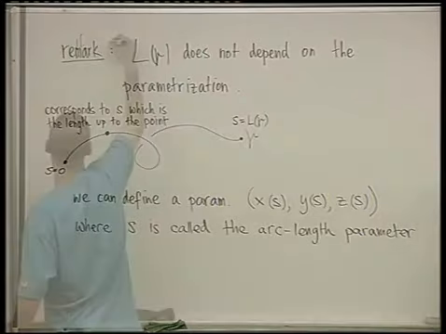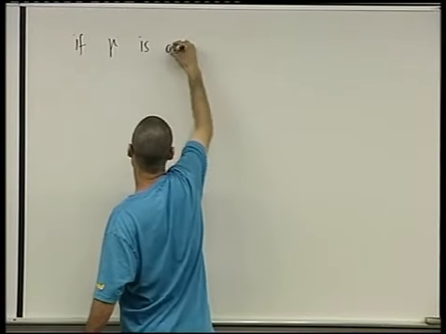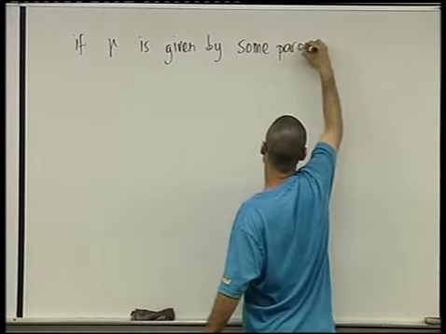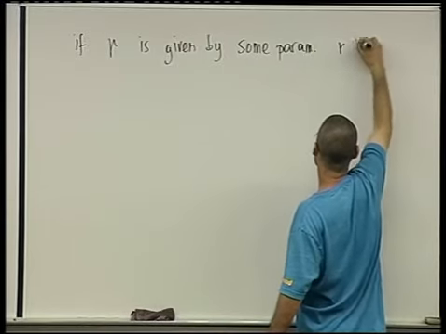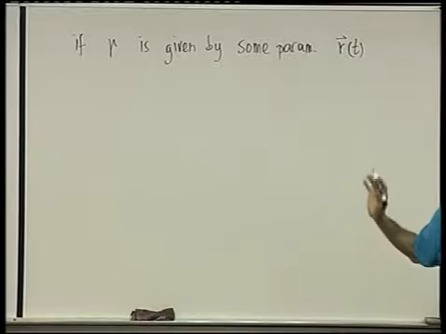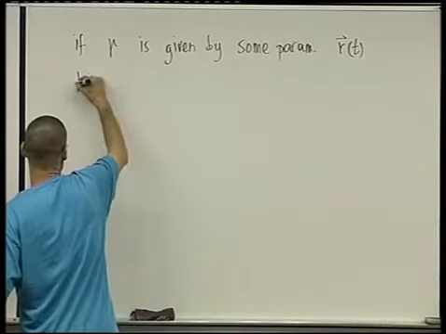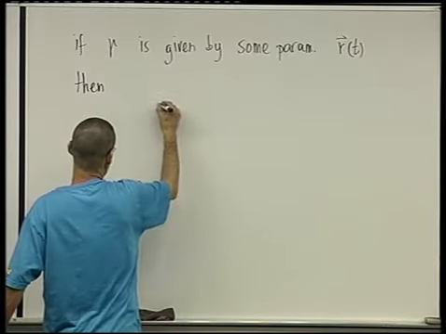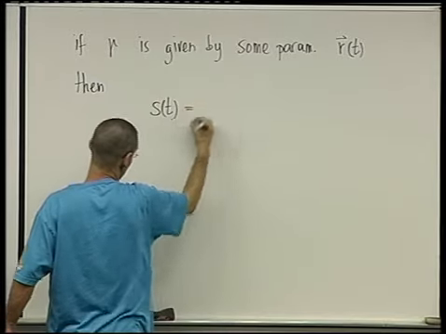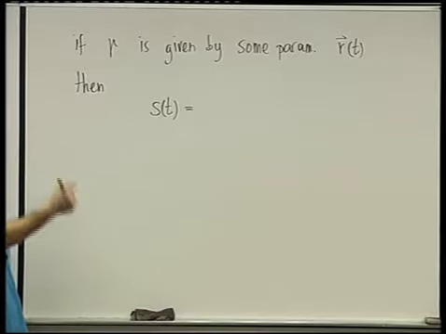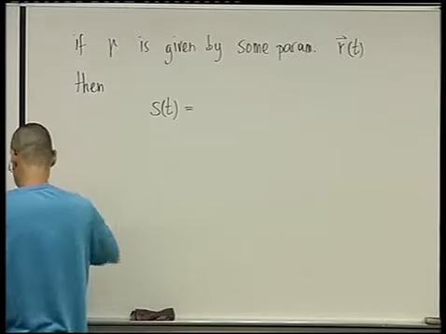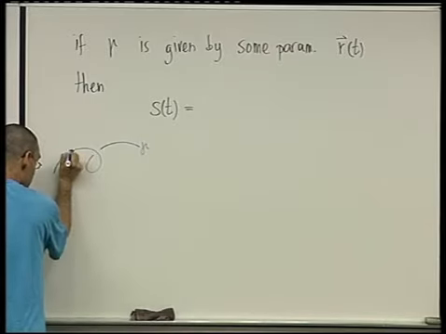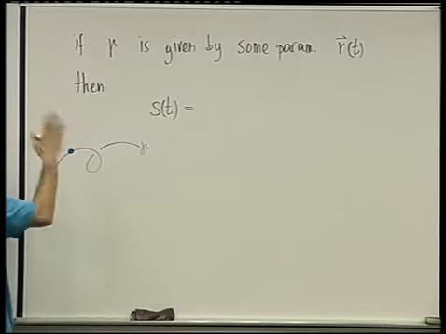So if gamma is given by some parametrization, r of t, any parametrization, then S of t, so for a given t, the corresponding S: here's gamma, here's some point which corresponded to some value of t.